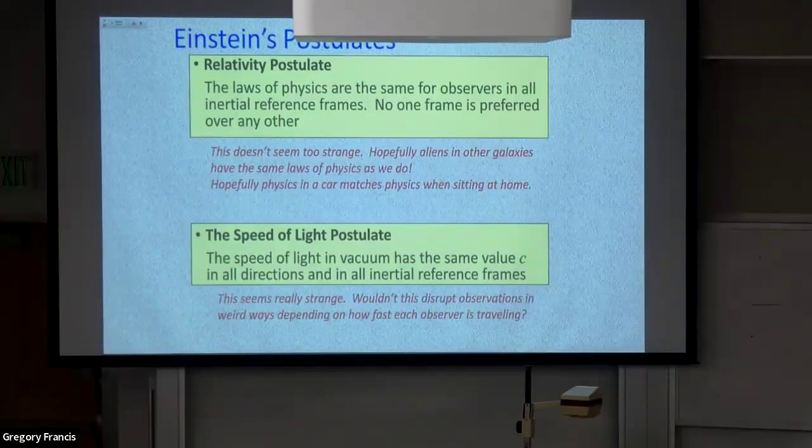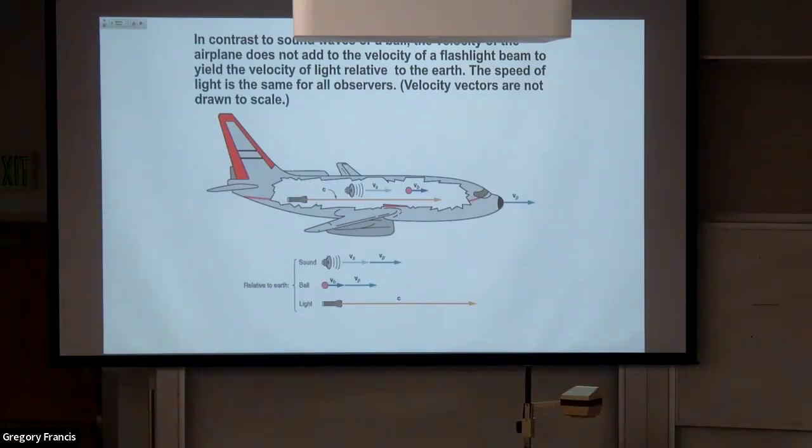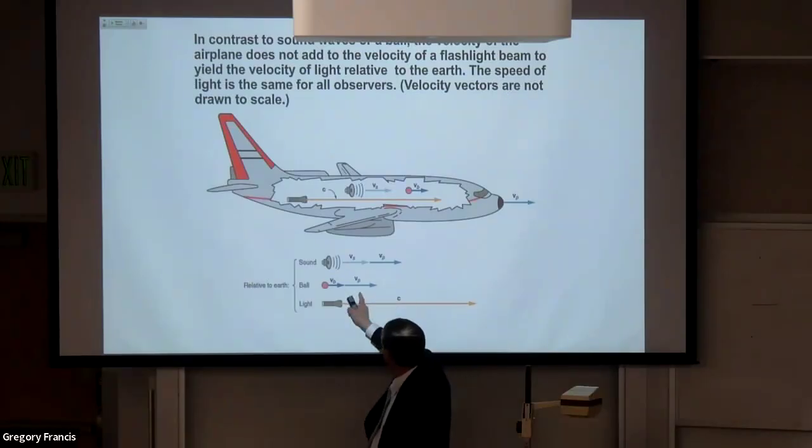Now, that's weird. And it's just contrary to our everyday experience. What that means is that if I'm in a plane and I throw a ball, relative to the Earth, the speed of that ball is the speed of the plane plus the speed of the ball. Okay, I have to add those together.